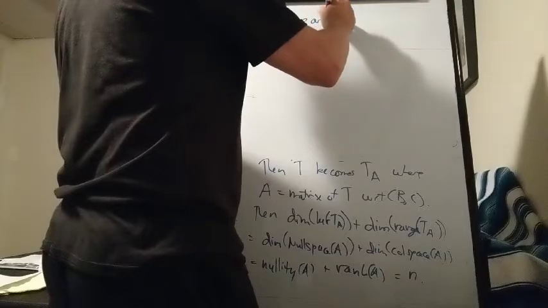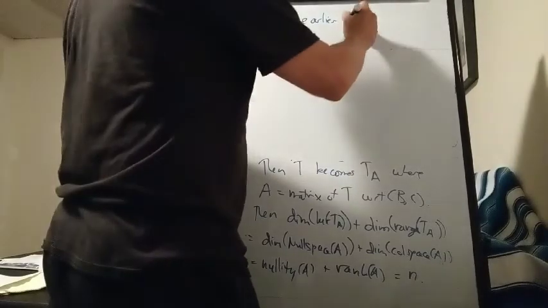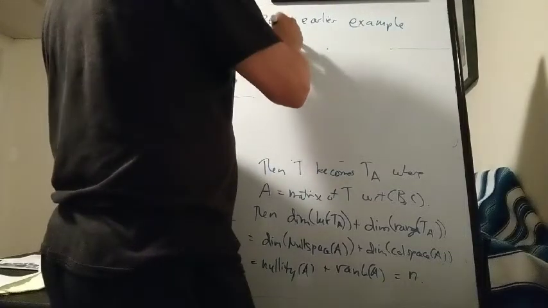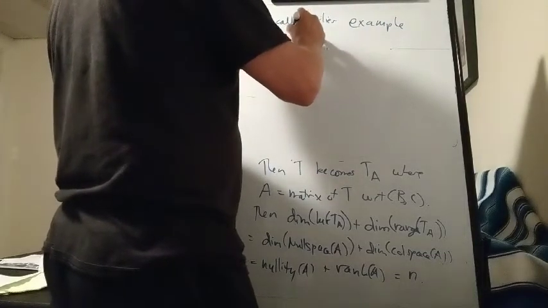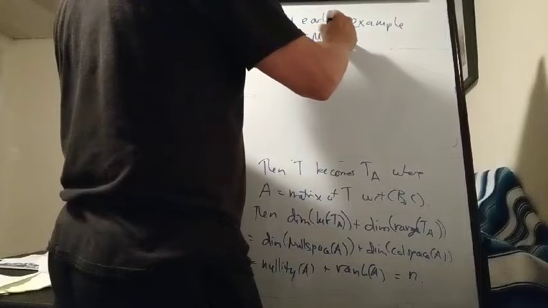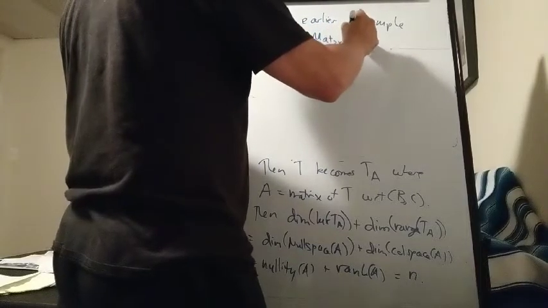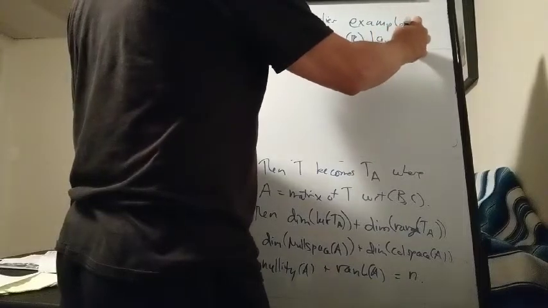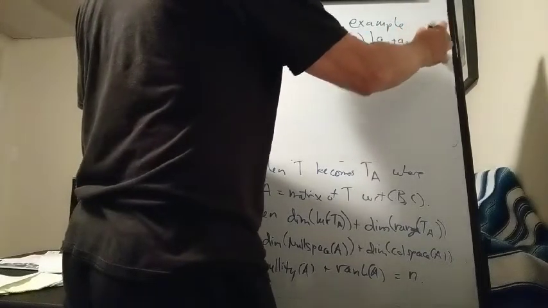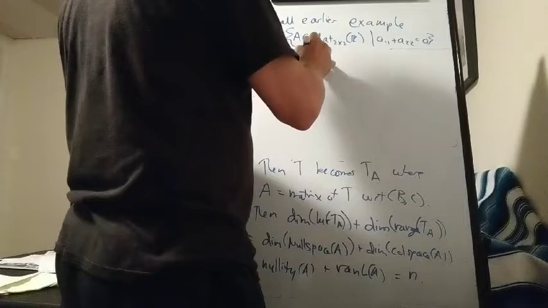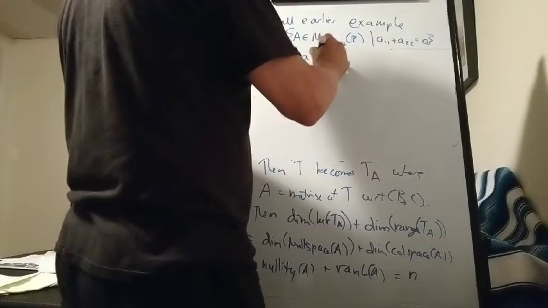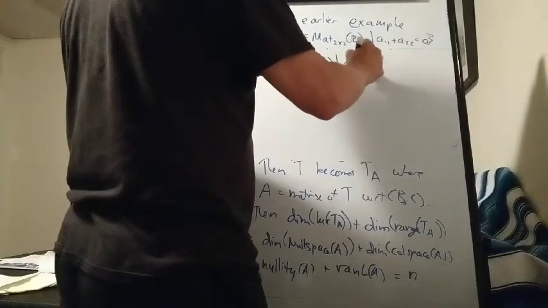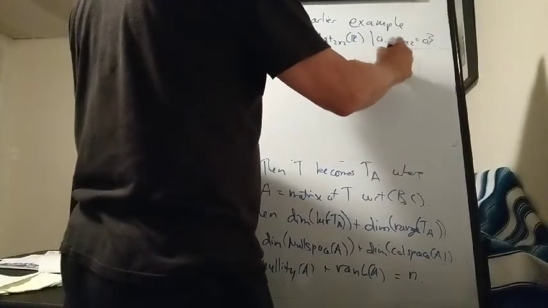So we'll call the earlier example where V is all of the 2 by 2 matrices with the diagonal summing to 0. In other words, all of the matrices of the form [a, b; c, -a], where a, b, and c are real numbers.